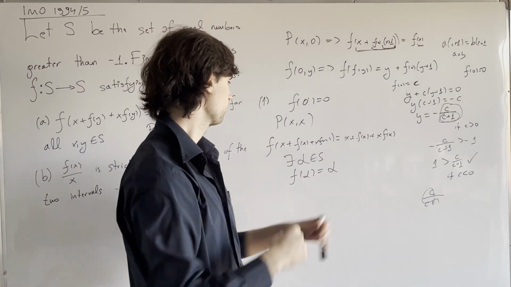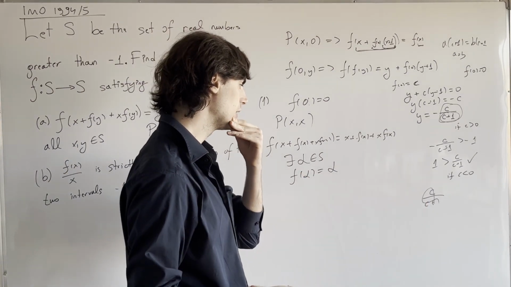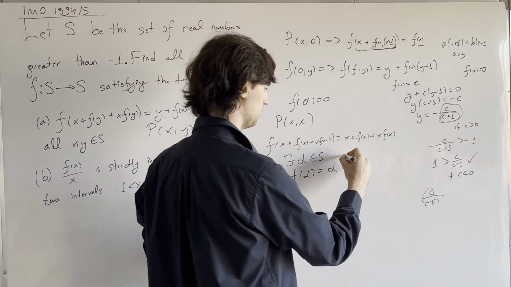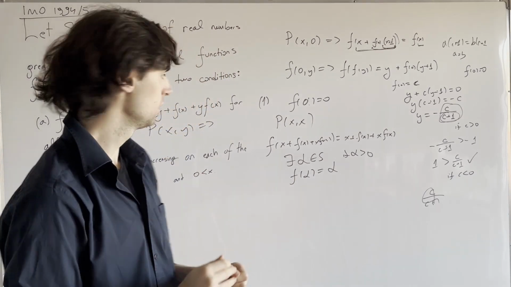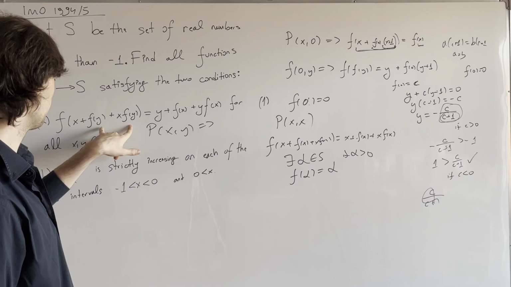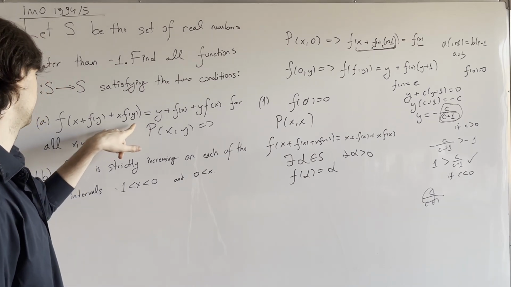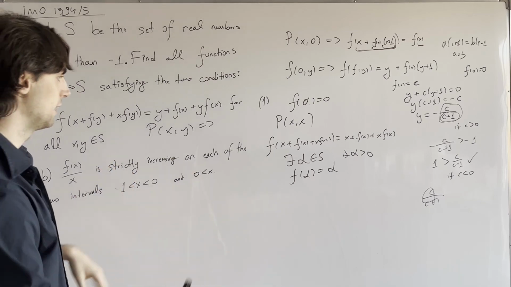So what do we have? We have there exists an alpha. Let's say that this alpha is positive, if alpha is greater than 0. What do we have? So let's plug in, I think I want to plug in y equal to alpha because I can get rid of these f's. And then let's see what happens.